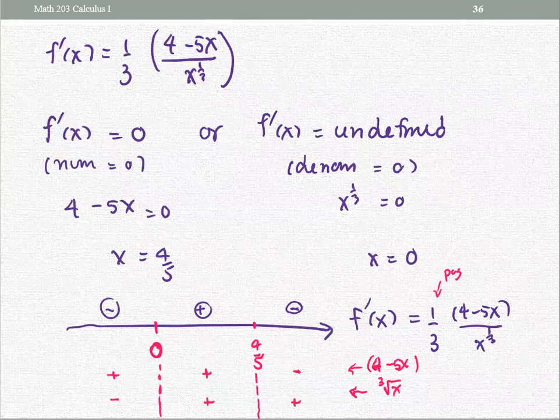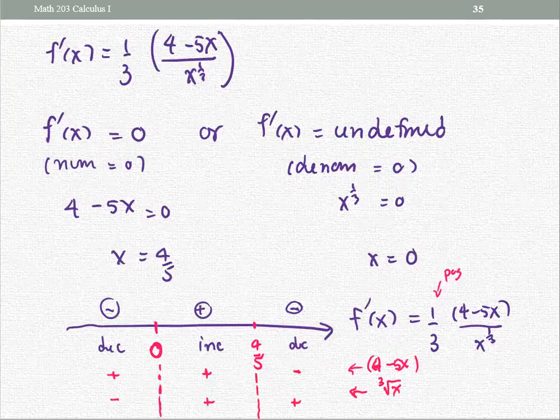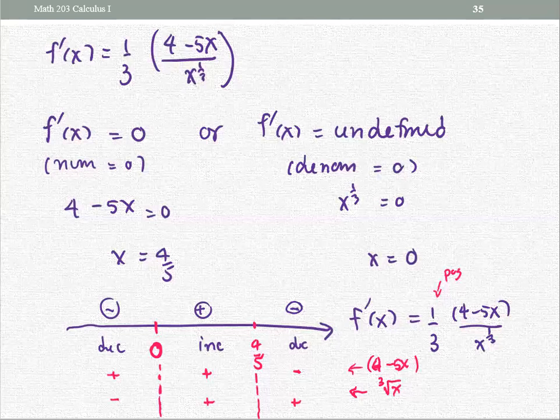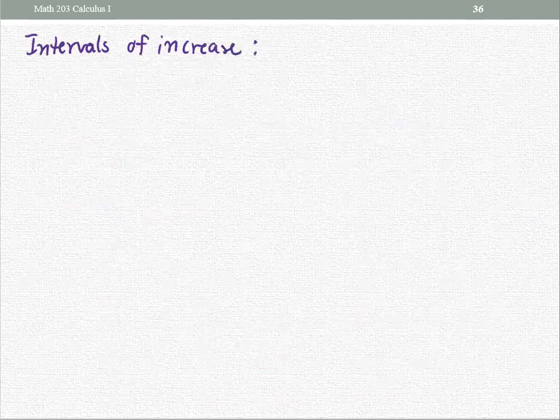When f prime is negative, the graph is decreasing; when f prime is positive, the graph is increasing. So what we have so far is the intervals of increase and decrease. To summarize, the interval of increase, where the sign of f prime is positive, is the interval (0, 4 over 5).